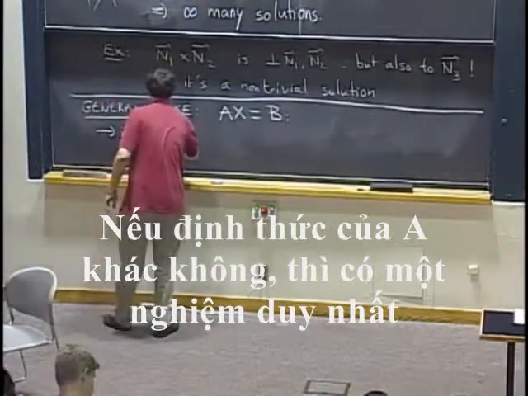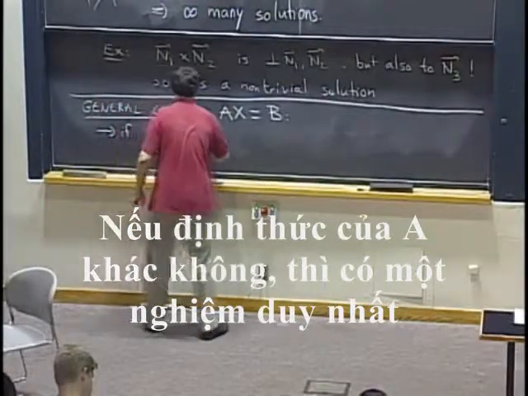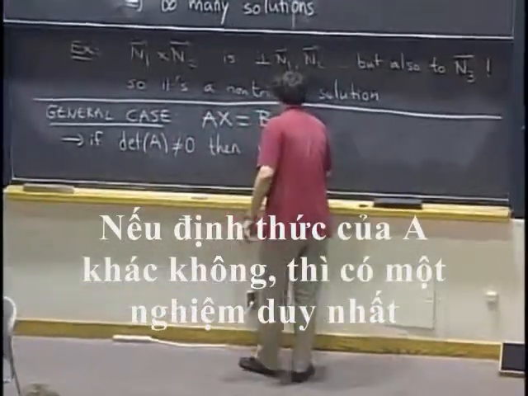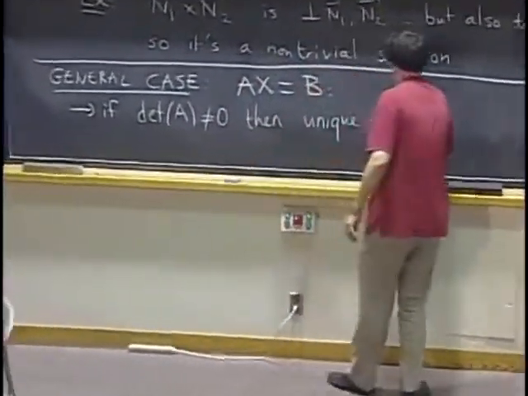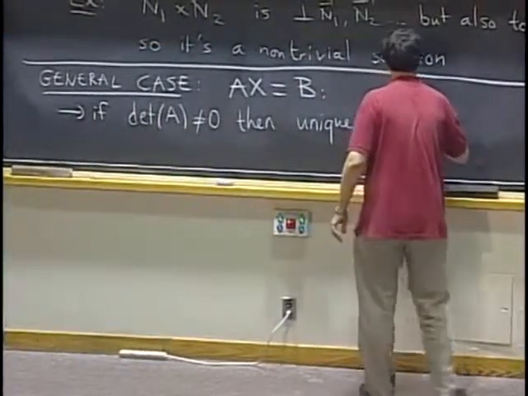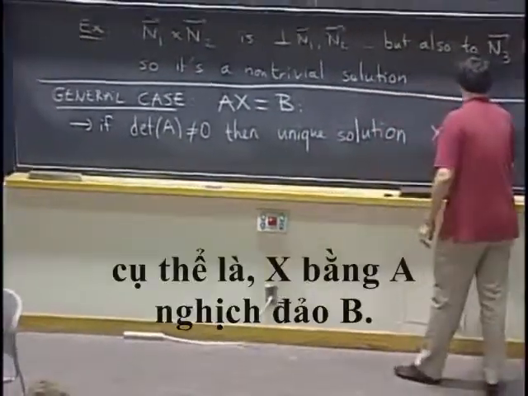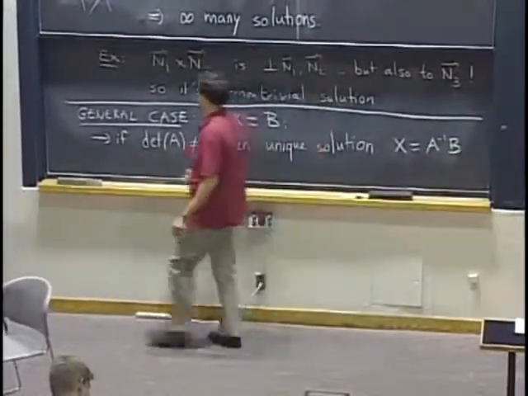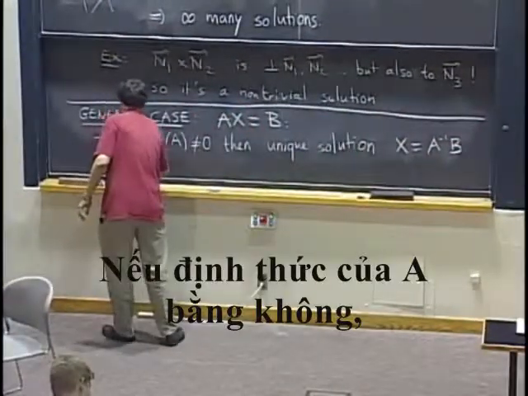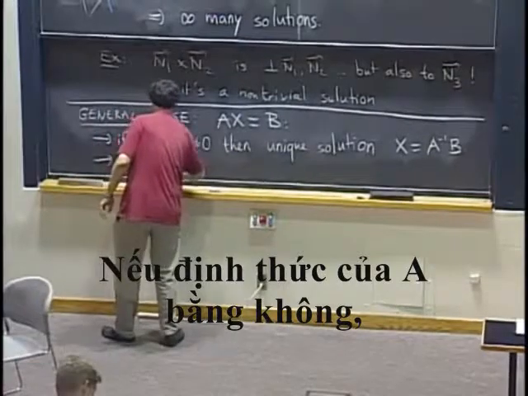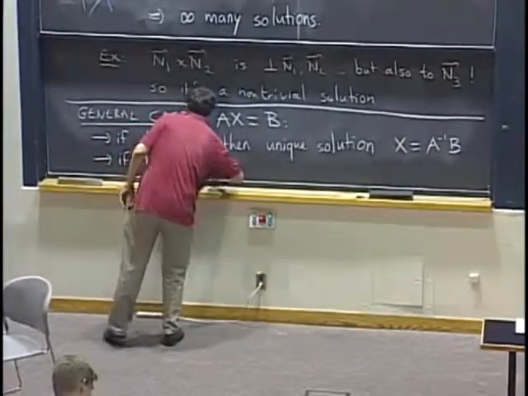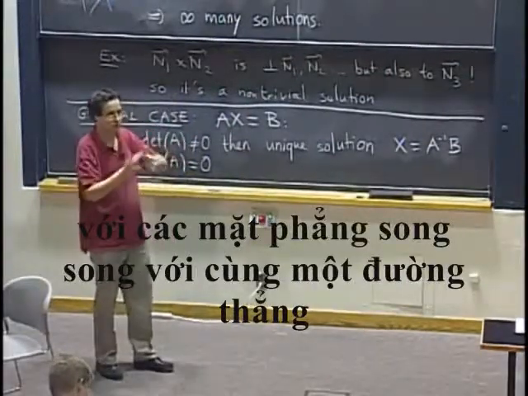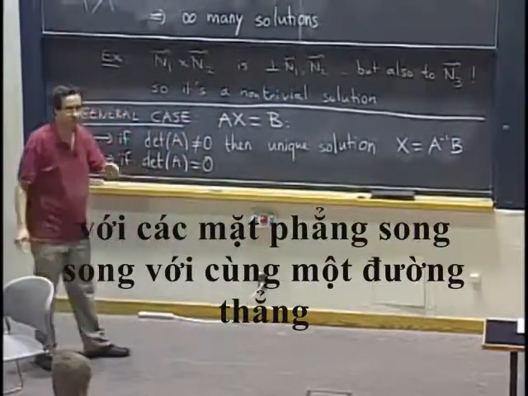If the determinant of A is not 0, then there's a unique solution, namely X equals A inverse B. If the determinant of A is 0, then it means we have this situation with planes that are all parallel to the same line.